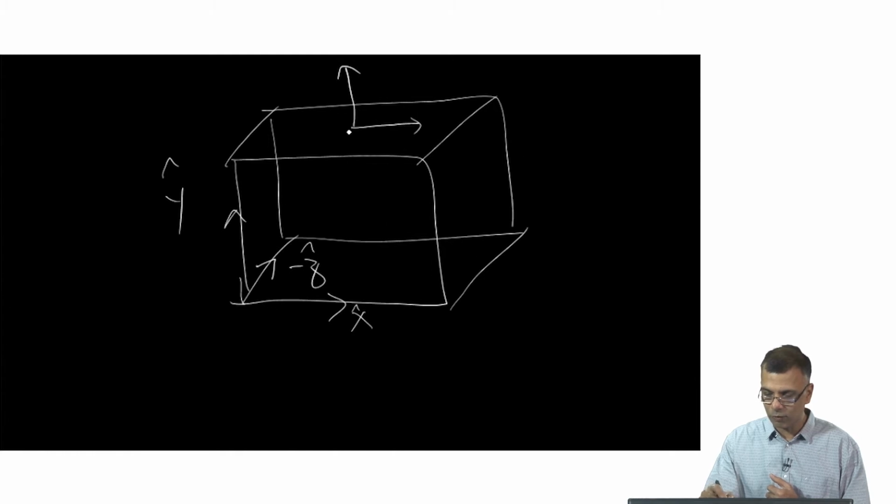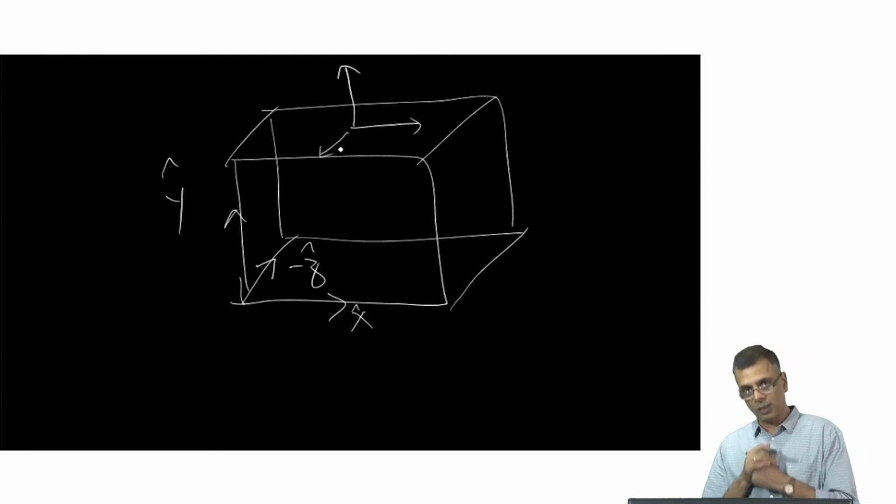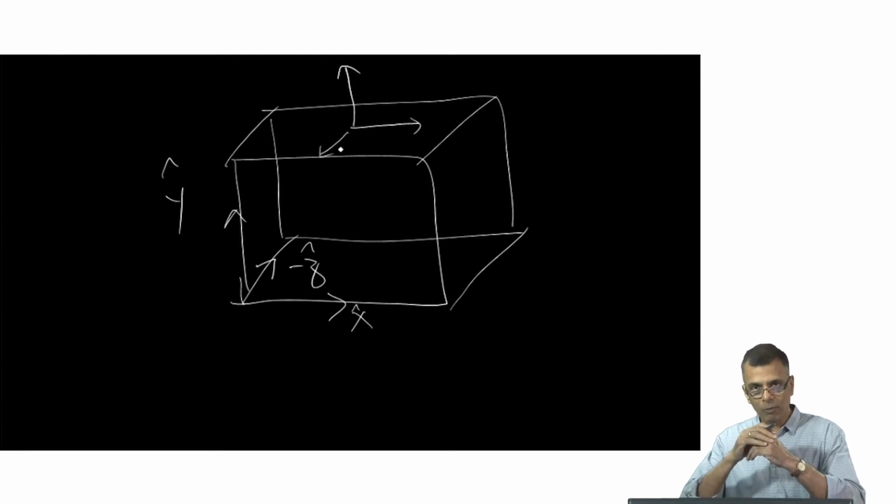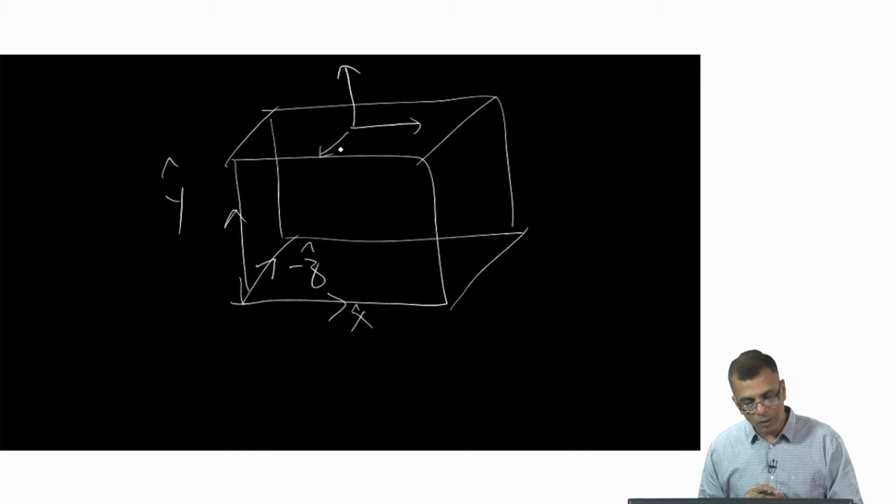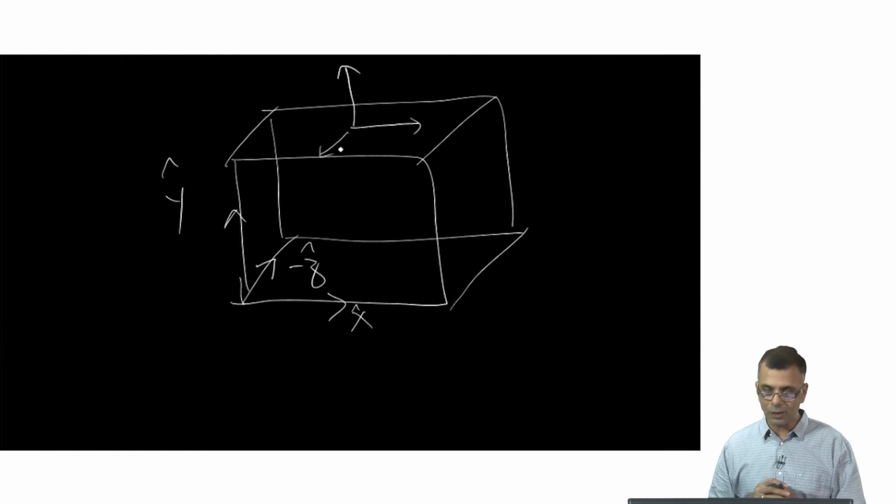There can also be a force like this. You agree? And since there's a force, and since we're talking about surface forces, it makes sense to talk about forces per unit area. In other words, stresses. And this would be what's called a normal stress. And we call this tau y.